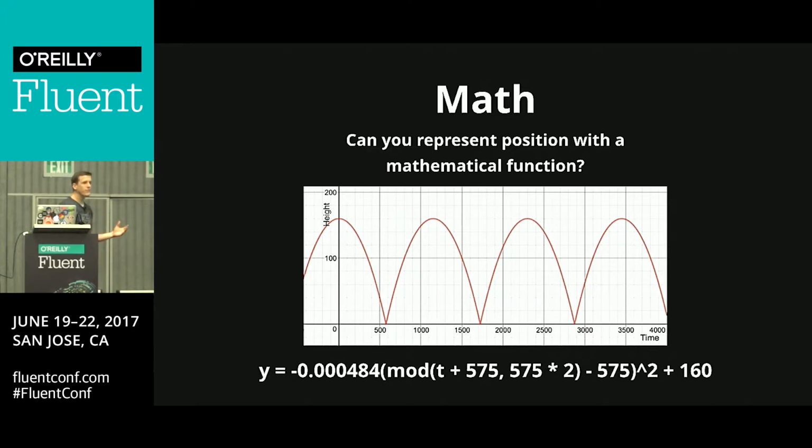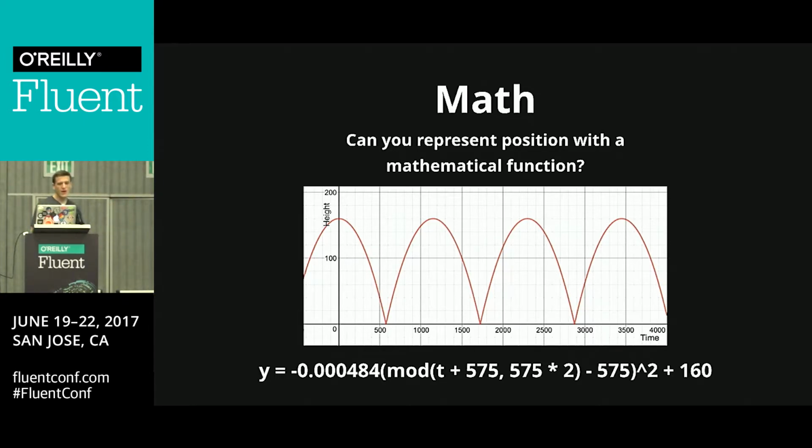If I were to graph this in a graphing calculator, this is what it would look like. We have time on the x-axis and height on the y-axis. As time goes, the height peaks and then it drops, and you get this repetitive thing happening over and over.